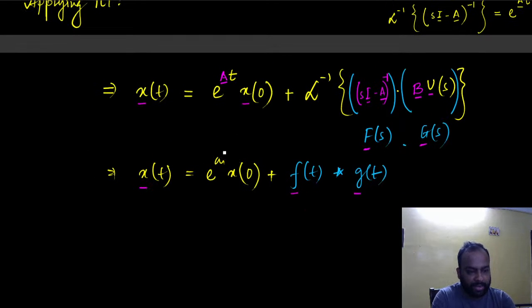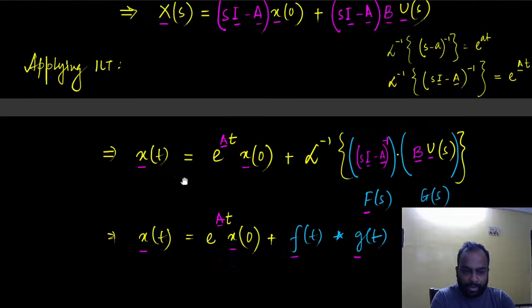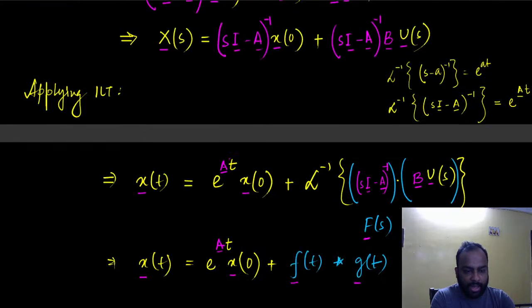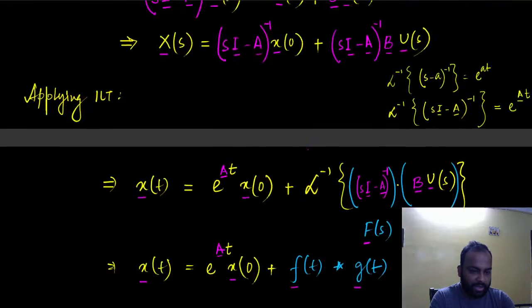So just like that, we have e to the power At like before, and we have x(0). See, with very minor modifications we have done this. And again, we are assuming that (sI minus A) whole inverse is F(s) and BU(s) is G(s), right?